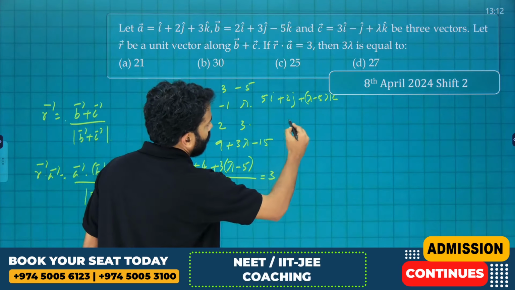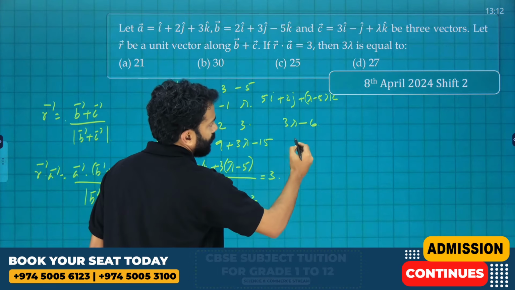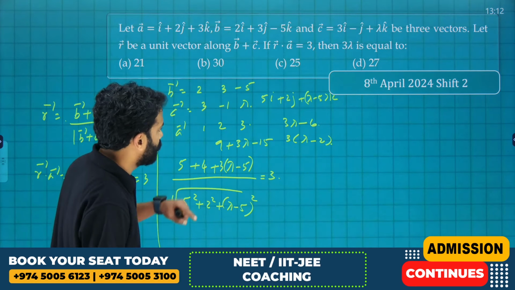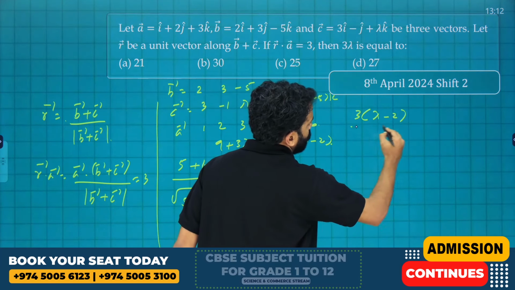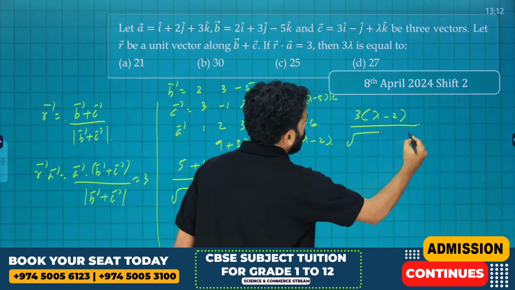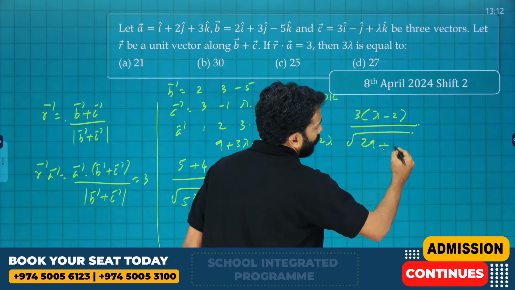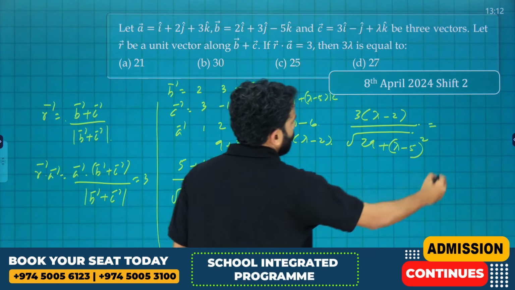That will be 3 lambda minus 6, and that is 3 into (lambda minus 2). Therefore this will be 3 into (lambda minus 2) divided by root of 5 square plus 2 square, that is 29, plus (lambda minus 5) the whole square, which is equal to 3.